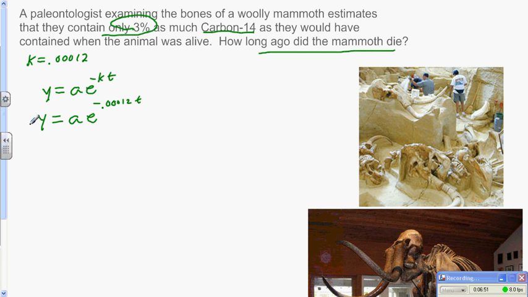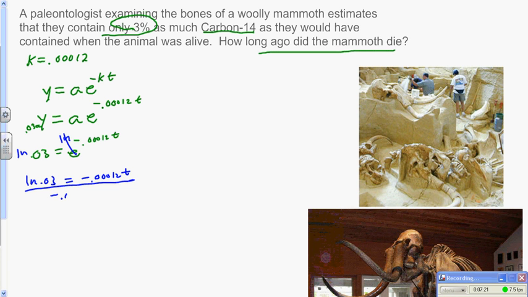Now I could write 0.03a over here, but again we know the a's will cancel, so I'm going to go right to this point. 0.03 equals e to the negative 0.00012 t. Let's do ln again, and we get ln 0.03 equals, and these cancel, negative 0.00012 t.